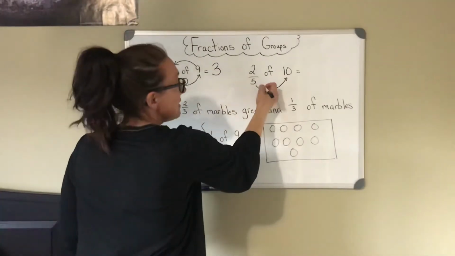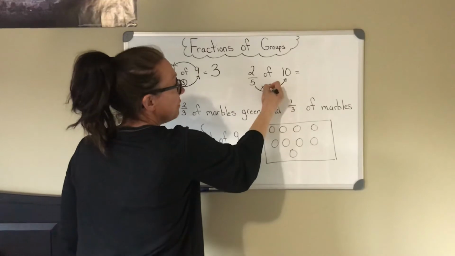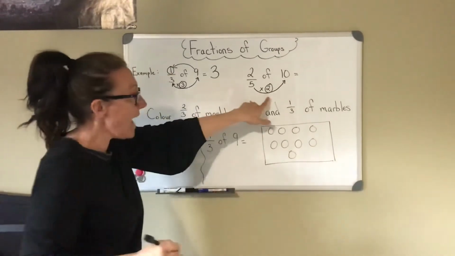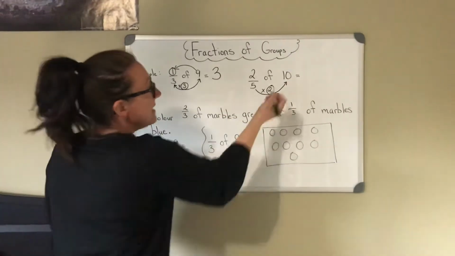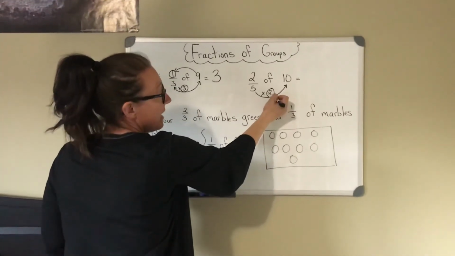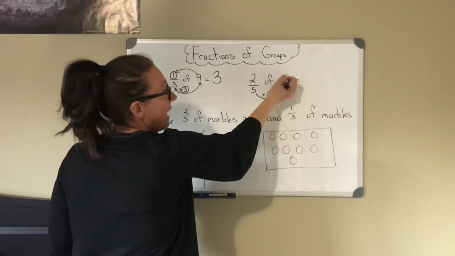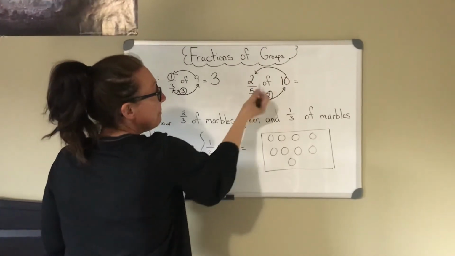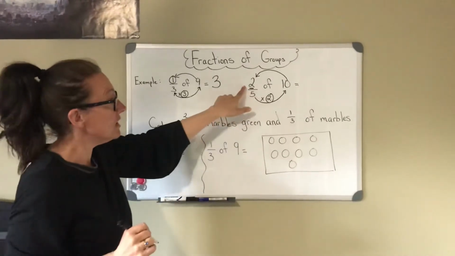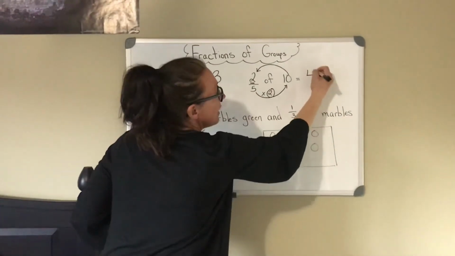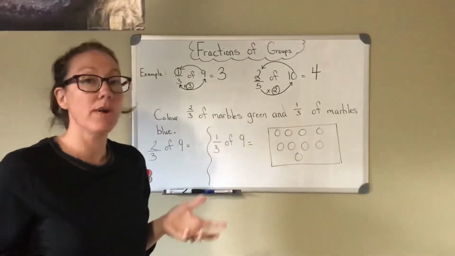Your answer is going to be 2. So now I have the 2. I know that 5 times 2 equals 10. And then I have to take my number that I came up with and multiply it by the numerator. So 2 times 2 equals 4. So that's how I arrive at that answer.